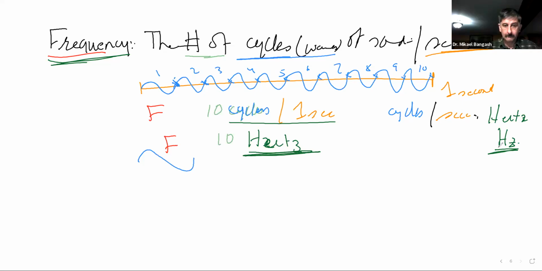Now, just in this instance, where we had 10 cycles per second, we had a frequency of 10 hertz.